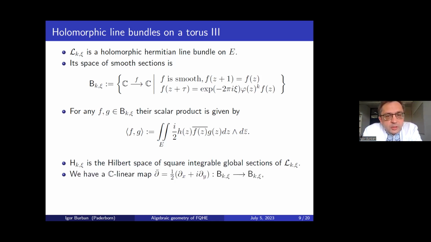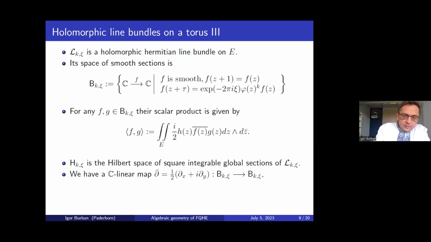Now, the next observation is that I have a well-defined linear operator, which is given by the Cauchy-Riemann operator, del bar. The point is that since this factor of automorphy is holomorphic, del bar kills it. Because of that, the operator del bar respects the quasi-periodicity conditions global functions satisfy. So I have a well-defined linear operator.